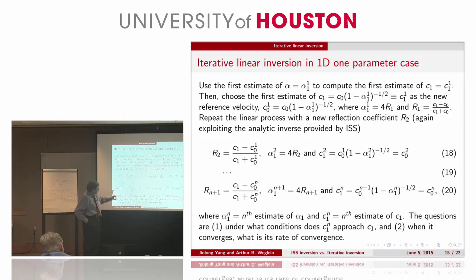As soon as it gets the first iterate, it makes a new reference. It makes a new reference. That can break down. In other words, if you have a formula, this is like alpha 1.